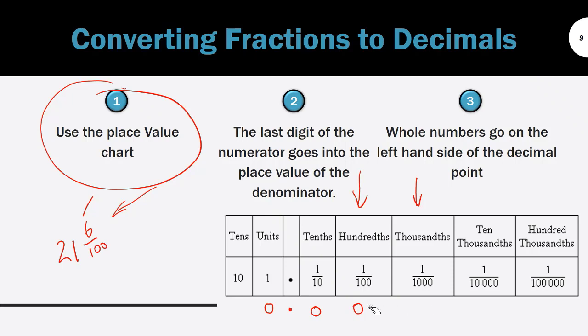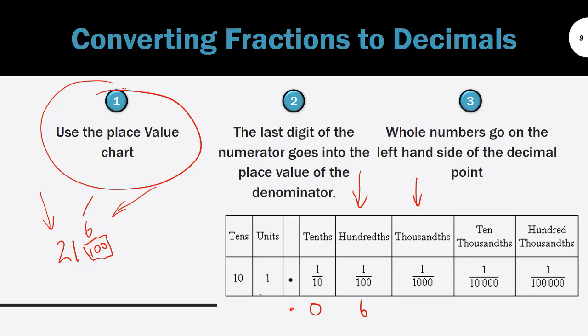Now, sometimes you will also have whole numbers attached to your fraction. So let's have a look at this one here. I've got 21 and 6 over 100. The first thing that you do is you always just deal with the fraction. So my last digit of this fraction is a 6, and my place value is 100. So I put the 6 here in the hundredths column, and then I put a 0 in the tenths, and now I look at my whole numbers.